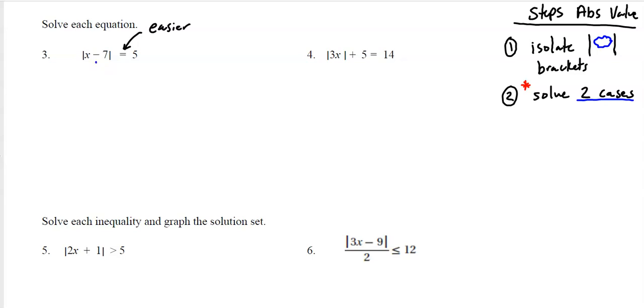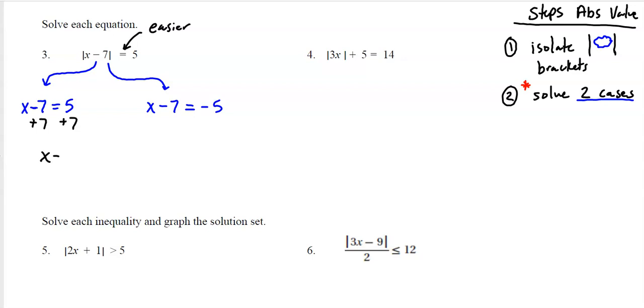So case number 1 is, well, maybe x minus 7 turns out to be +5. And then case number 2 is, well, maybe that x minus 7 turns out to be a -5, which would also give me +5 for an answer. So I solve both cases, and I add 7, and I add 7.